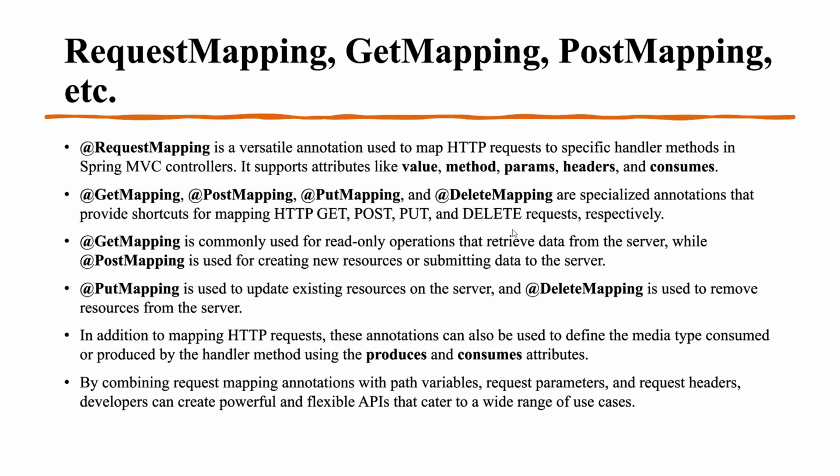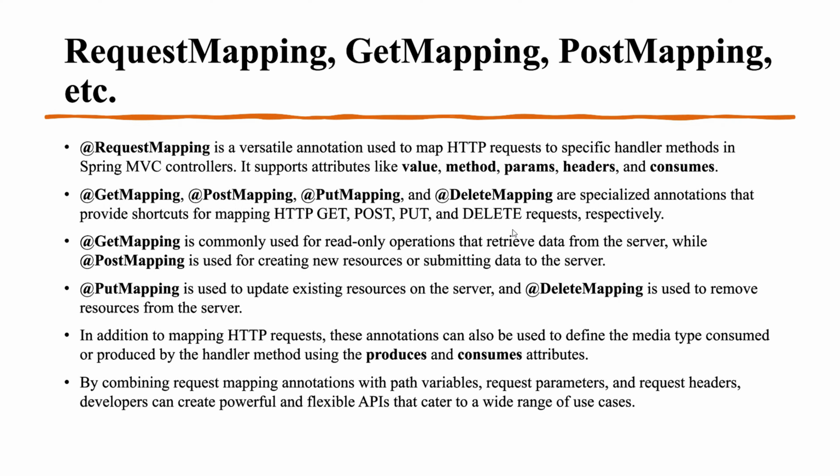Spring MVC also processes request mappings in a specific order, with more specific mappings taking precedence over less specific ones, which allows for fine-grained control over request handling and dispatching. That's another usage of mapping in Spring MVC.